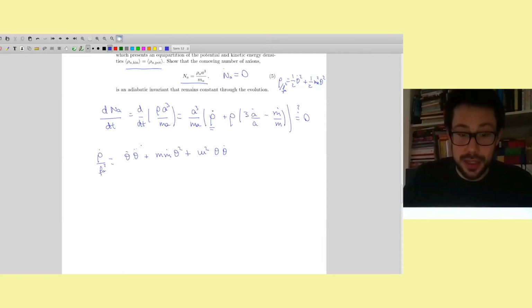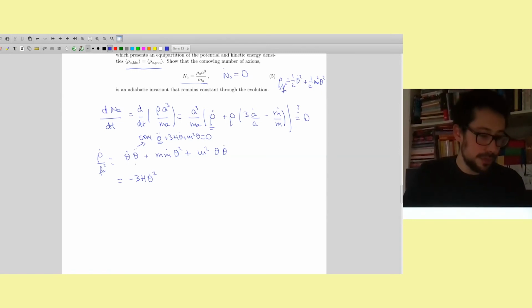But now here we can use the equation of motion. And we know that during the evolution, theta double dot plus 3H theta dot plus m_a squared theta equals 0. So from here, we can substitute theta double dot in terms of theta dot and theta. And therefore, if we do so, this turns into minus 3H theta dot squared, because we multiply this times theta dot.